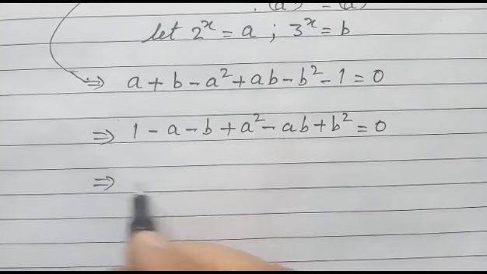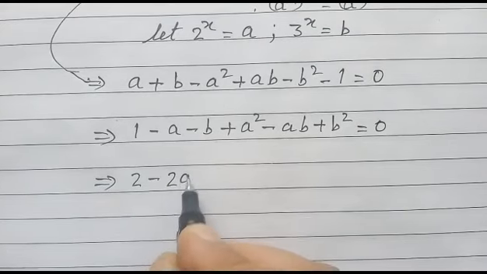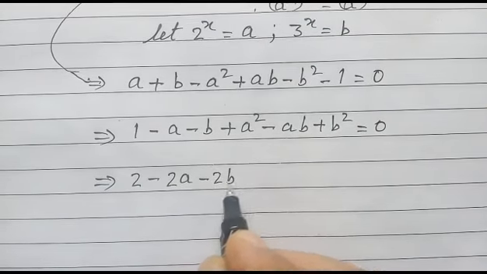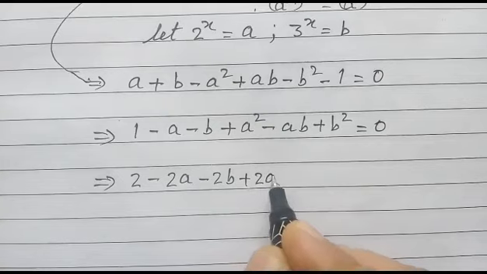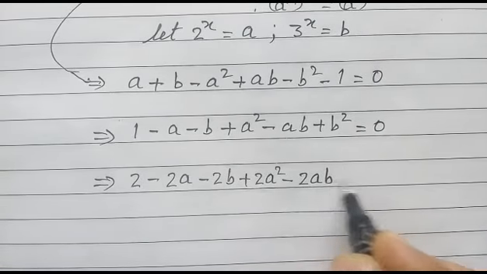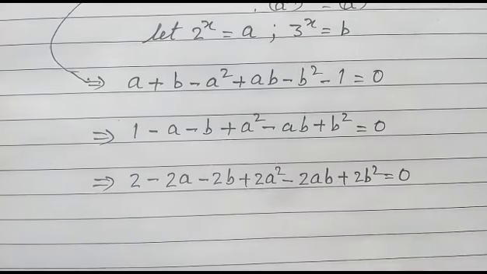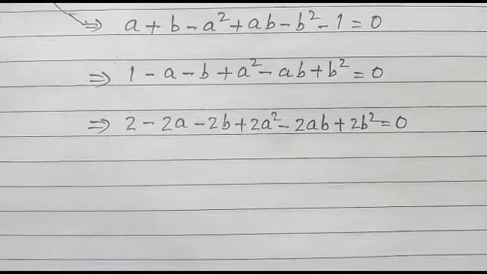If we multiply the whole equation by 2, we get 2 - 2a - 2b + 2a^2 - 2ab + 2b^2 = 0, right?